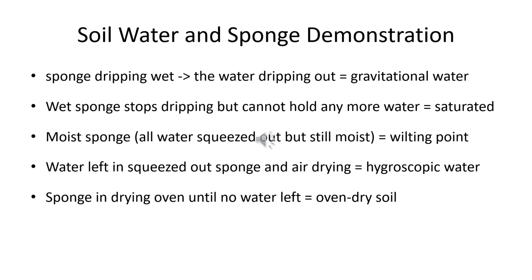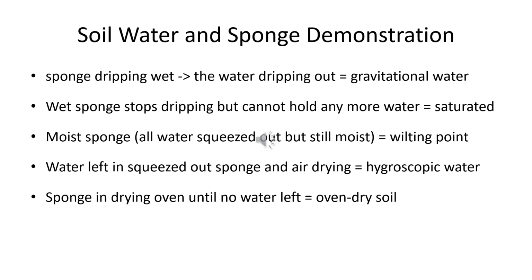Then, if you would take that almost dripping sponge and squeeze it as hard as you can, you wring out as much water as possible, and then you let it sit there, that sponge is still moist to the touch, but you cannot wring out any more water. So all the available water is now gone. At this point, if there was a plant in our soil, it'd begin to wilt because there is no water available.